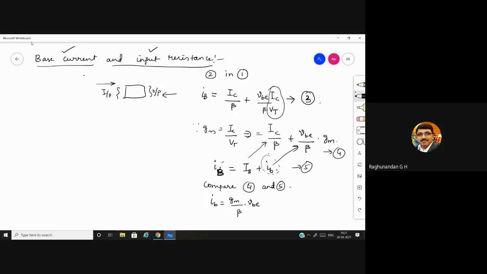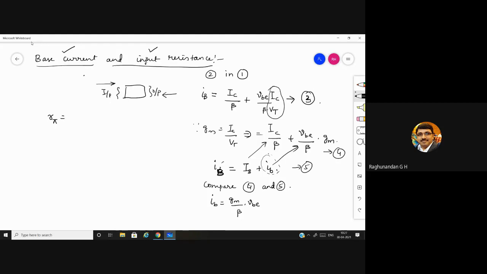So small signal input resistance is defined as the resistance between base and the emitter by looking into the base. I repeat it again because I'll ask the questions again tomorrow. It is defined as the resistance between base and emitter looking into the base. Now, the last part of this derivation is we need to find the equation for R pi.